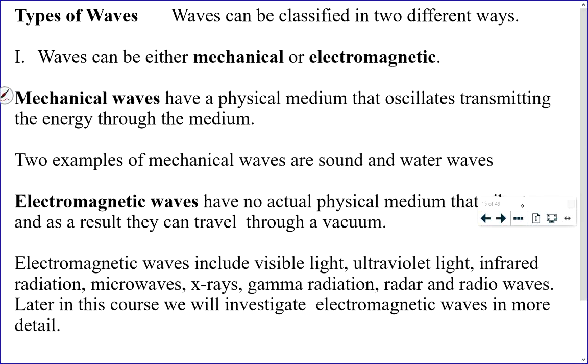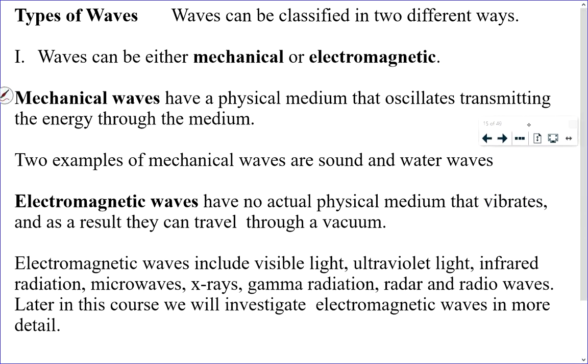So try to wrap your head around that. Light is a wave of something oscillating, transmitting energy, but the thing that's oscillating has no substance to it. There's nothing there. I can tell you right now what's oscillating are fields, an electric field and a magnetic field. It's complicated, and that's why it's saved, I guess, for Physics 30.